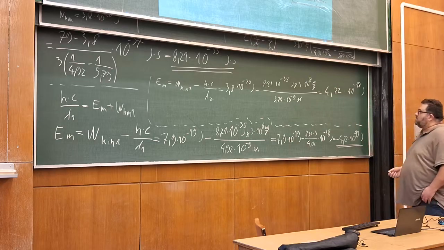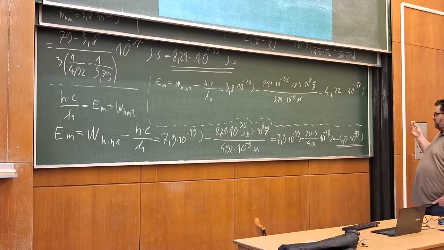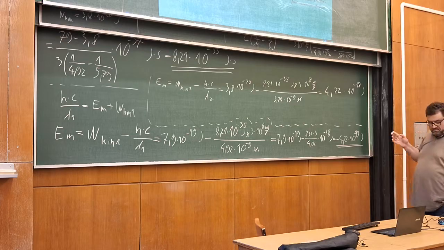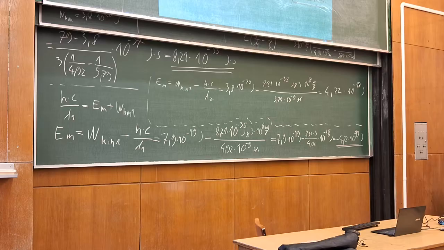I got the same number, but it's different in the order of magnitude. Yes, because that's wrong. It's minus 27, and then it's minus.